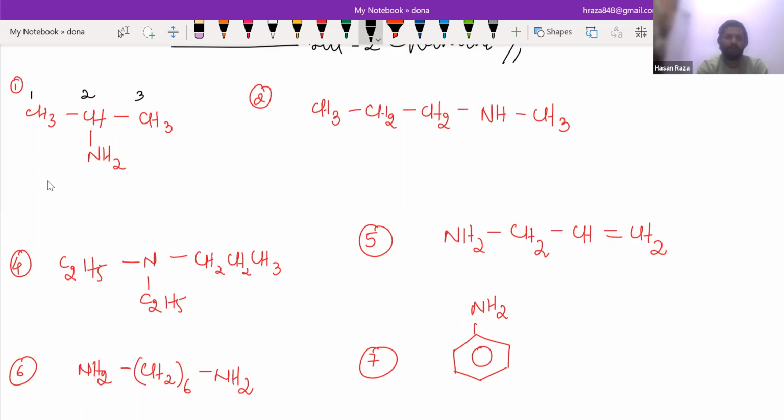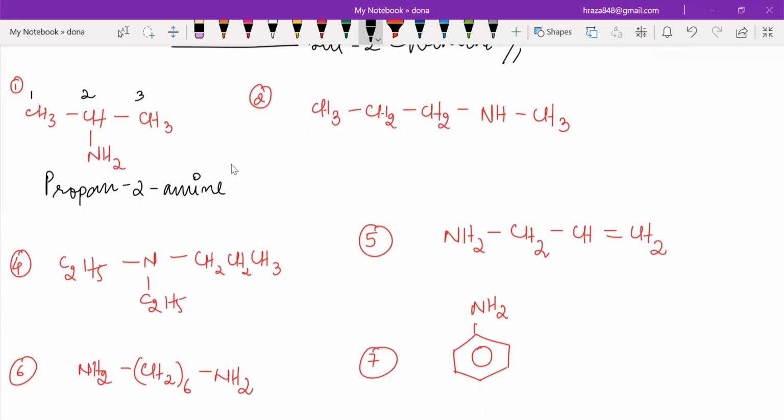So its name will be propan-2-amine, which represents that in propane, the amine functional group is connected to the second carbon. Is that clear? Yes, sir. Okay, please do it.